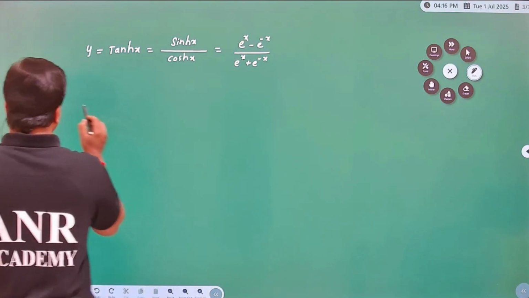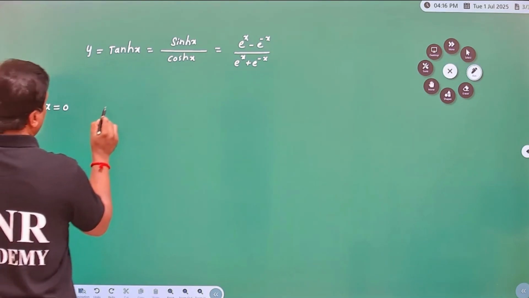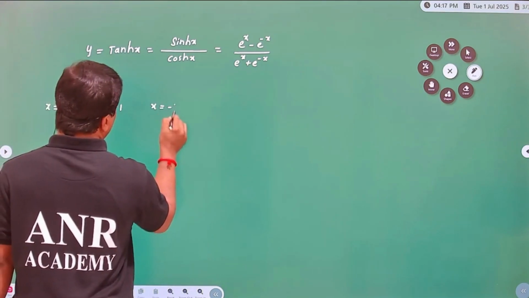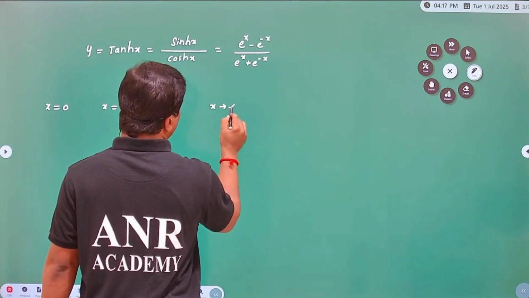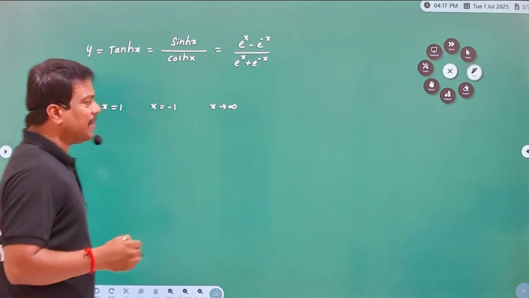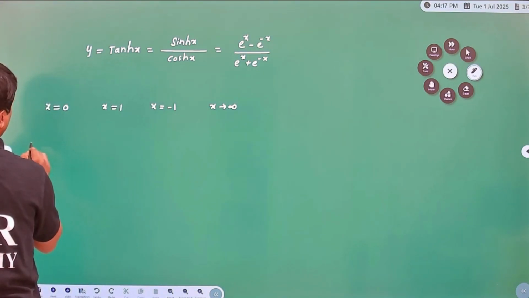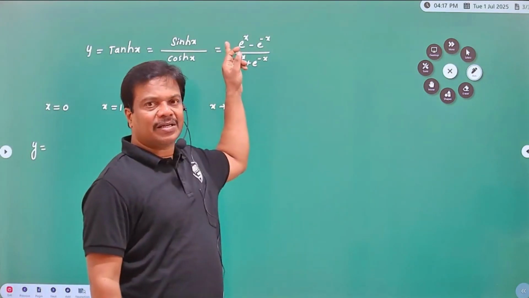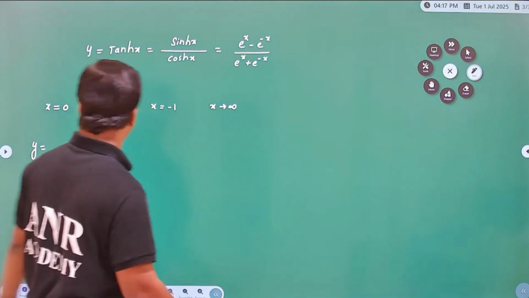Now when you write x equal to 0, x equal to 1, x equal to minus 1, and x approaching infinity, what happens? Observe. When you write x value 0, the functional value y becomes e power 0, value 1, minus e power 0, value 1, 1 minus 1, 0, 0 by something.